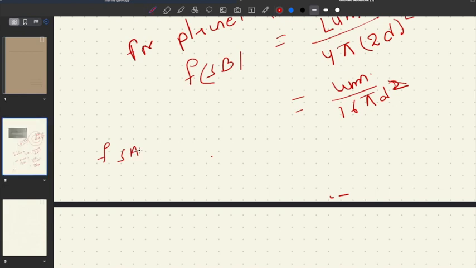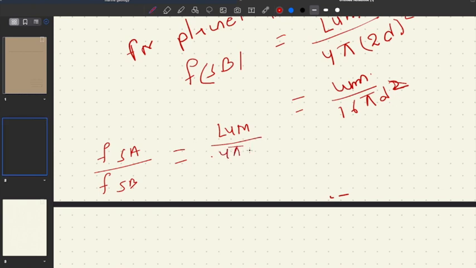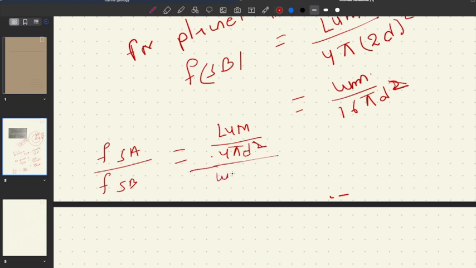FSA by FSB is equal to luminosity by 4 pi D squared divided by luminosity by 16 pi D squared.